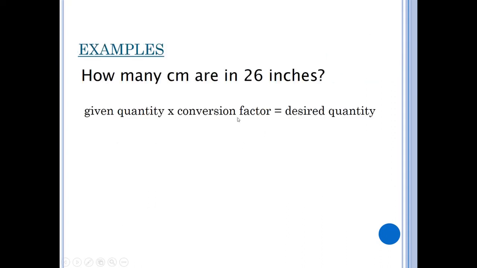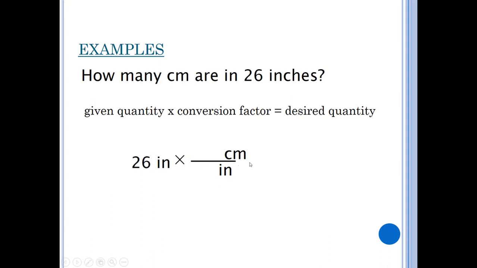Okay, how many cm are in 26 inches? Given quantity times conversion factor equals desired quantity. So the given quantity is 26 inch times the conversion factor. The conversion factor is in inch and cm because you want to convert from inch to cm.